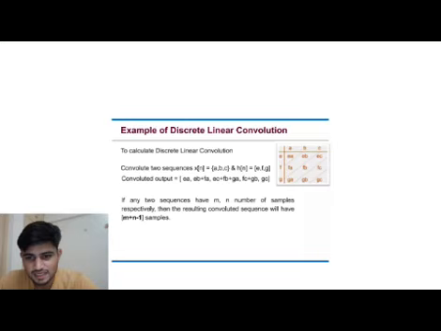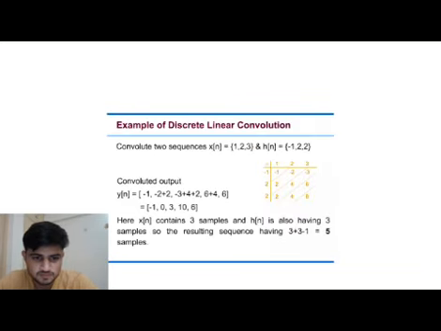For example, with inputs A, B, C and E, F, G, there will be 9 outputs from 3 inputs with 3 inputs. And if two sequences have lengths m and n, then the resulting convolved sequence will have m plus n minus 1 samples. So it is just a basic thing.